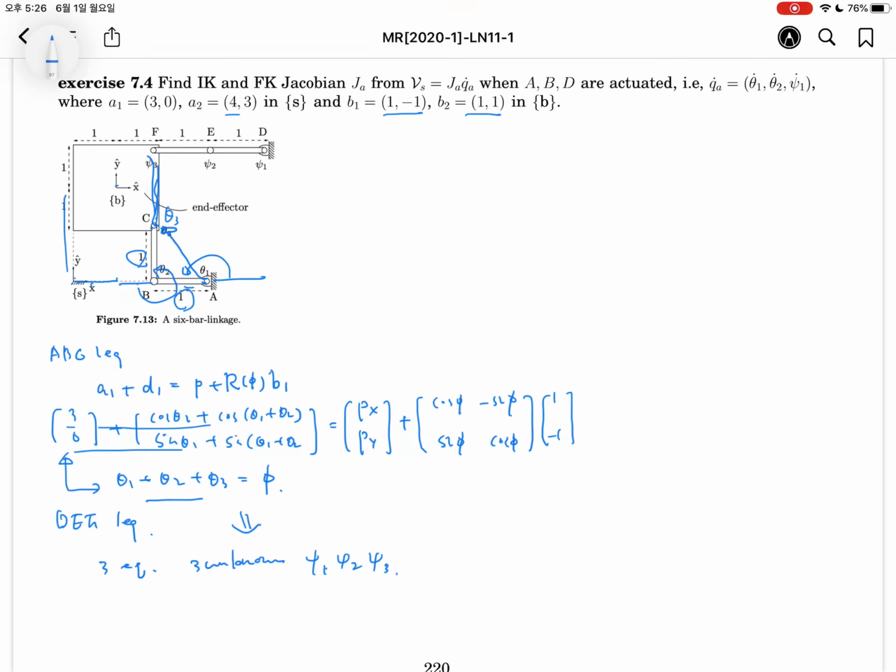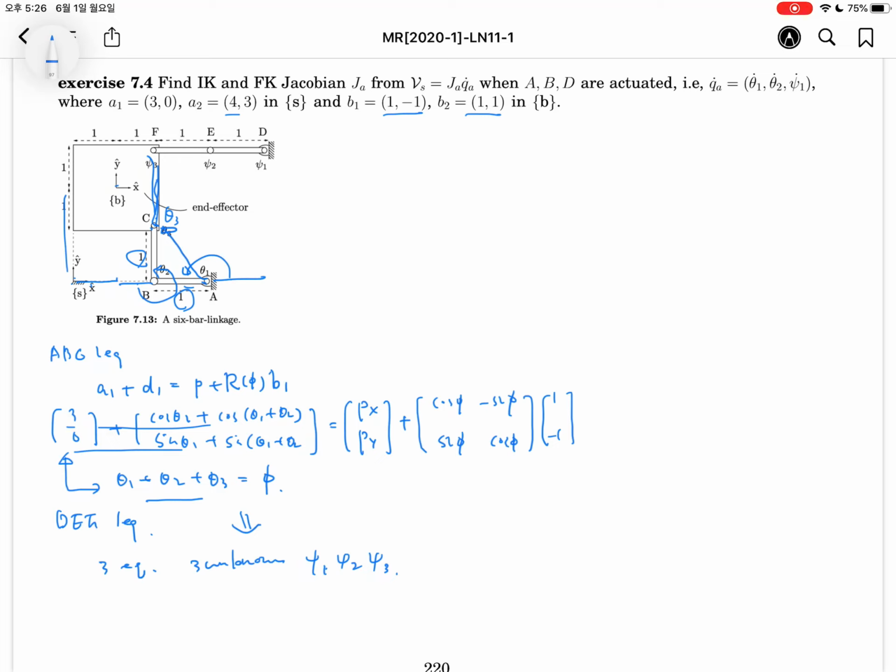Like this, we have 6 equations and 6 unknowns. After tedious algebraic manipulation, we can find the 6 unknown variables for the inverse kinematics. It's not difficult because sine and cosine have many useful properties.